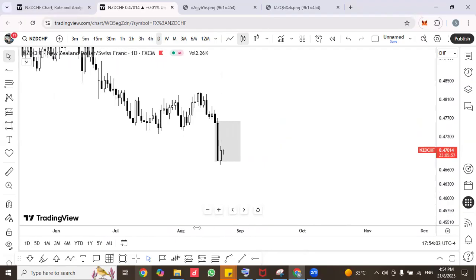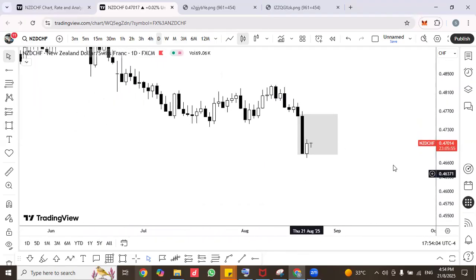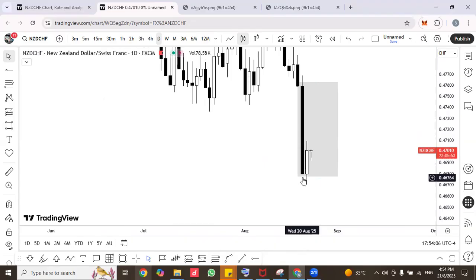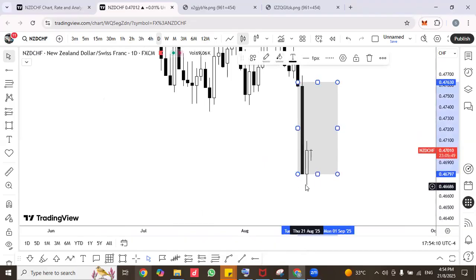So I would map this bearish candle here, and we would want to see a sweep of the low. That's the previous day's low being taken. That's lots of orders below here. So, a sweep of liquidity, and price quickly reversed into the range.